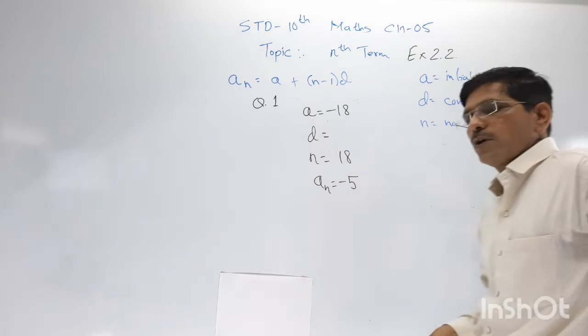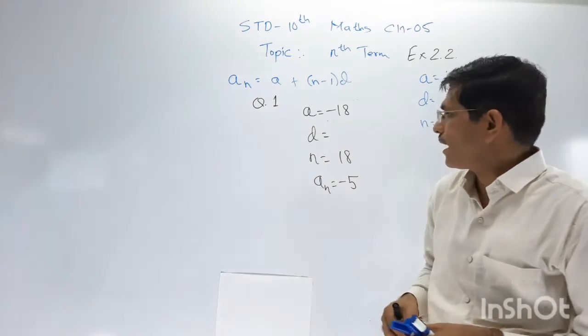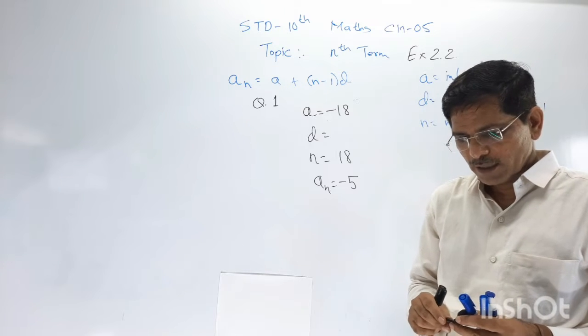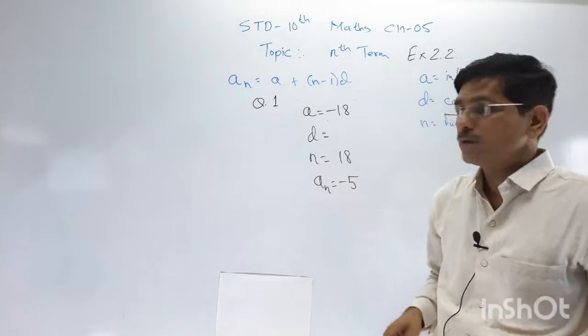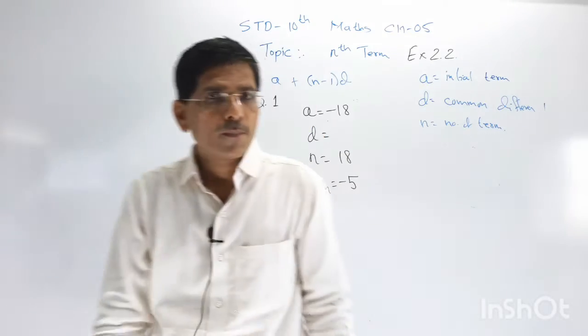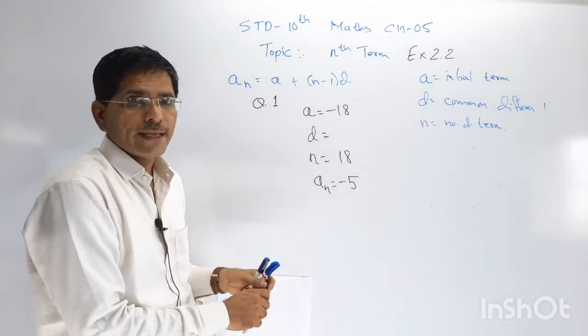I hope you have completed it. I hope that you have got the answer. What you get as the answer is important for us. a is equal to minus 18. Which formula do I have to put? an.